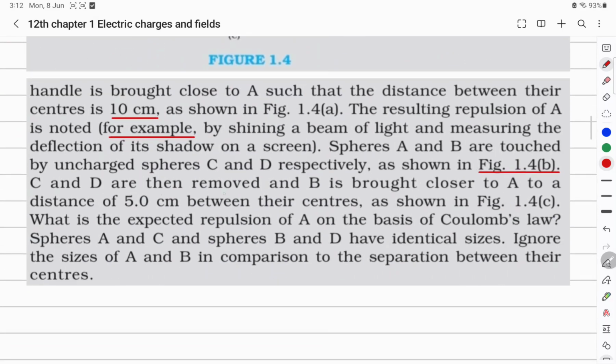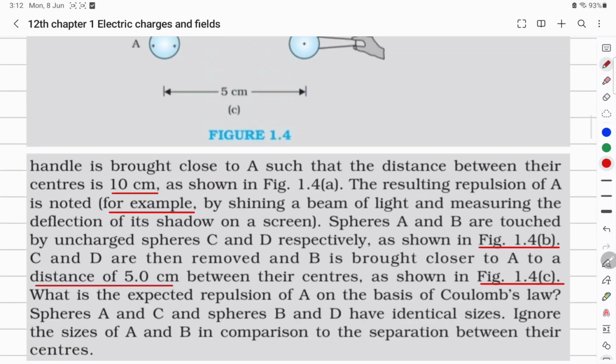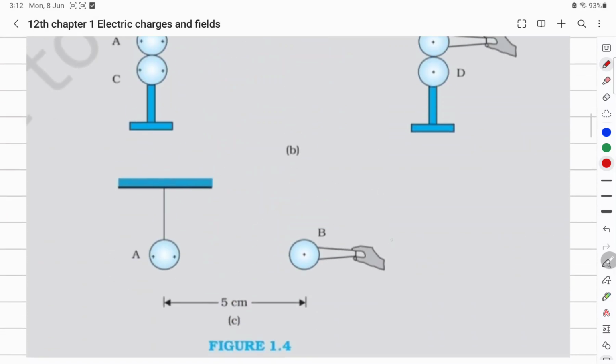C and D are then removed and B is brought closer to A, to a distance of 5 centimeter between their centers, as shown in figure 1.4c, like this.